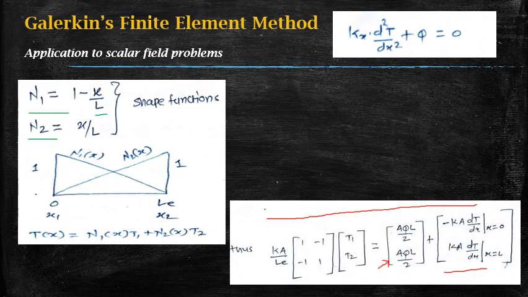So this represents gradient boundary conditions. For example, heat flux, which for a calculation of heat flux, you need to know first derivative of temperature. So this matrix explicitly represents gradient boundary condition at external nodes.